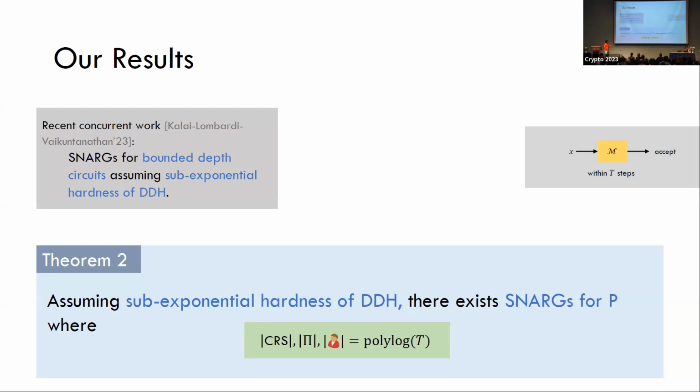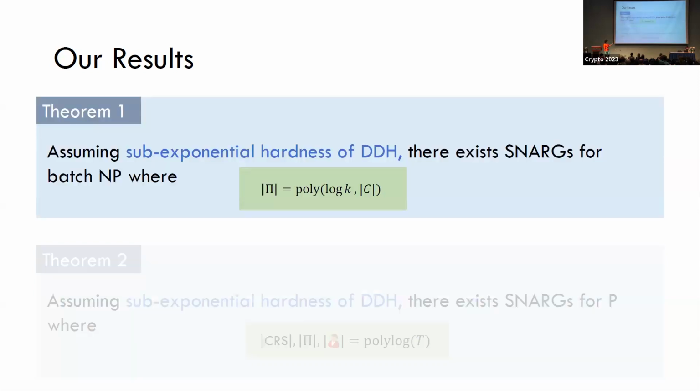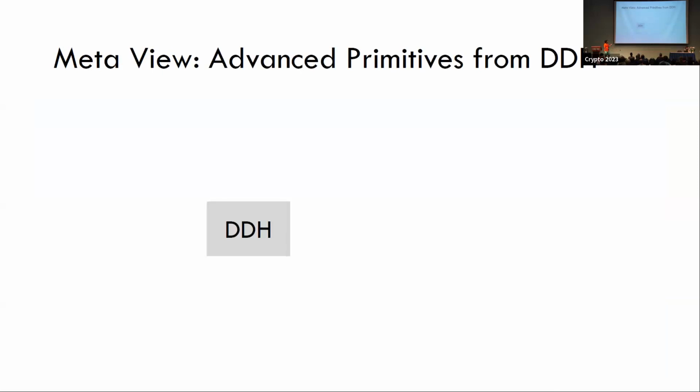Cool. So given that we have these two results, due to time limitations, I'm going to mainly focus on the construction of BARGs, and request you to see the paper for the other parts. But before I talk about the main tools and techniques, I do want to take a meta view on our result, following a bunch of recent work on the construction of advanced primitives from DDH.